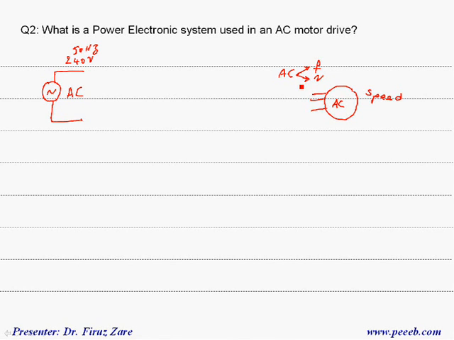So the point is what sort of power electronic system we need to design and use for this application. We have 4 types of converters: DC-DC, DC-AC, AC-DC, and AC-AC. So think about it for 5-10 minutes and then design the power converter.